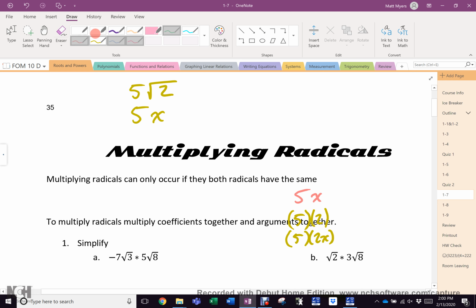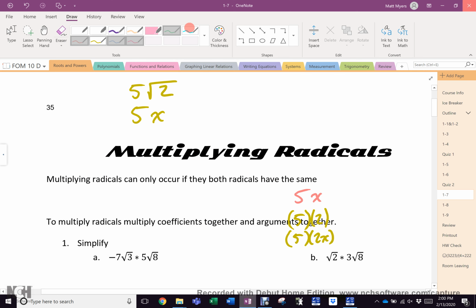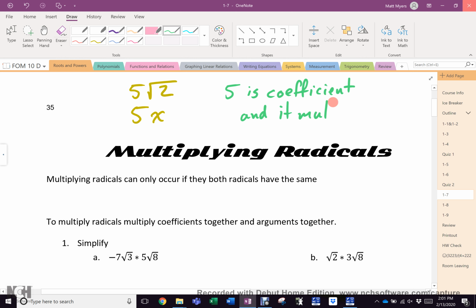The 5 is a coefficient, and it multiplies the very next thing, right? That's what this construction means, right?